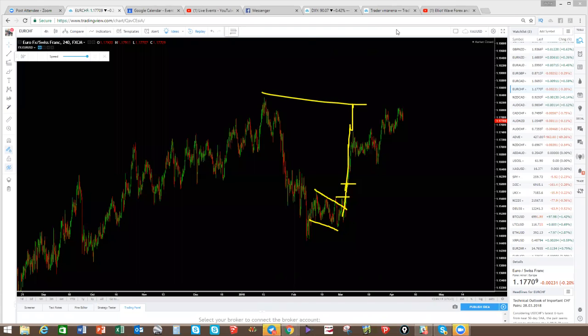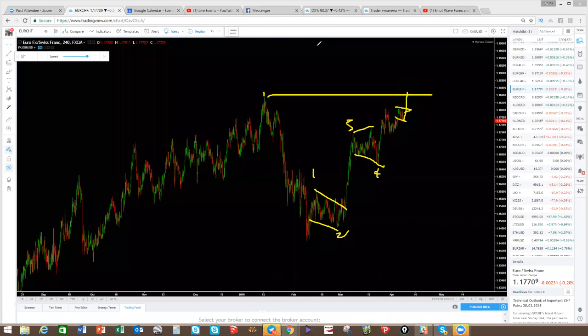It was either that or it can be a 3-wave pullback for further move to the downside. So we bought, hold, and we saw the structure on AUDCAD. So we knew that this was going to be a 1, 2, 3, 4, 5. And now we're coming to that level. It looks like there's a small flag there that can take it right there to test.